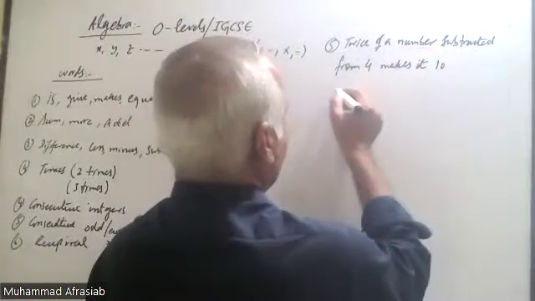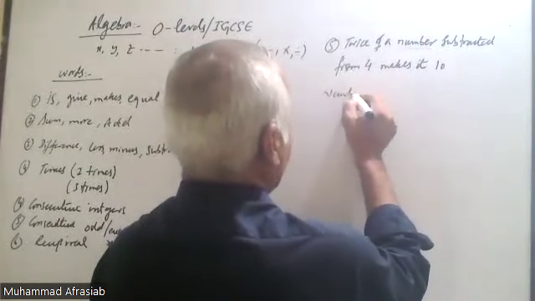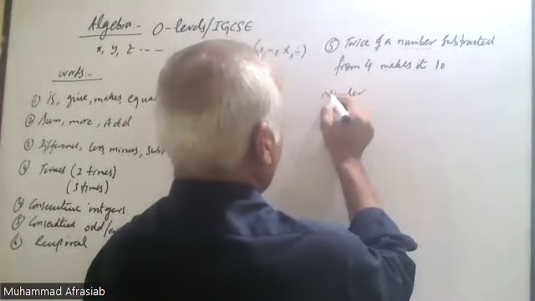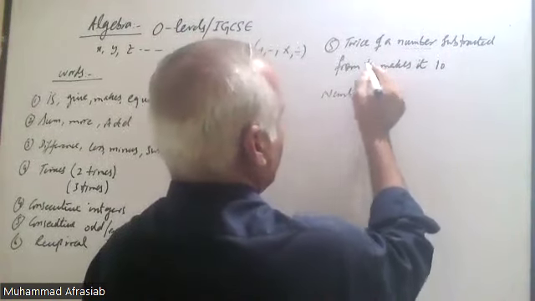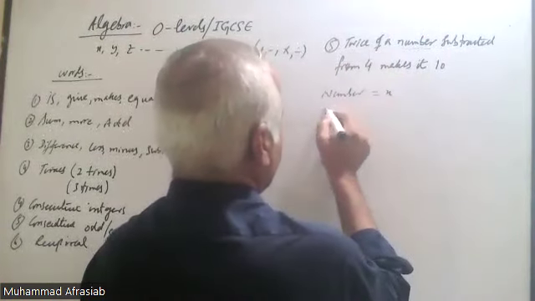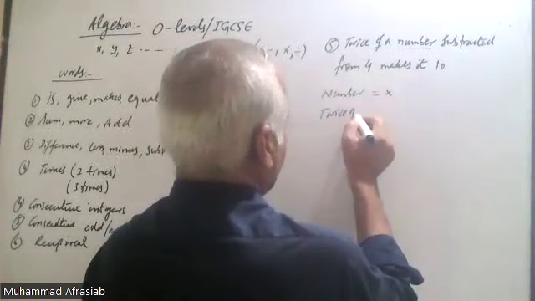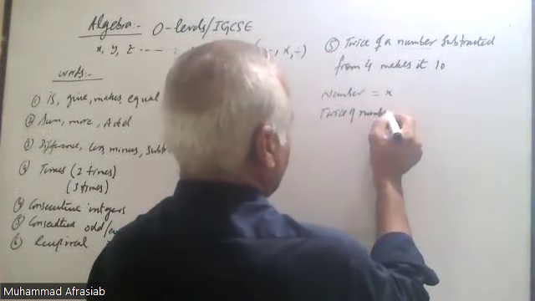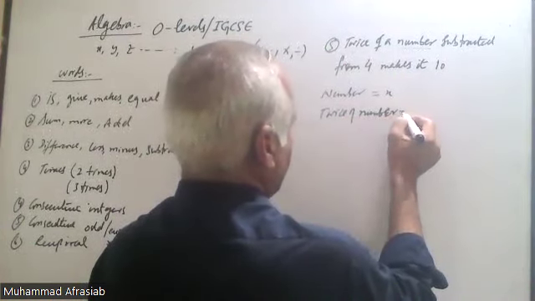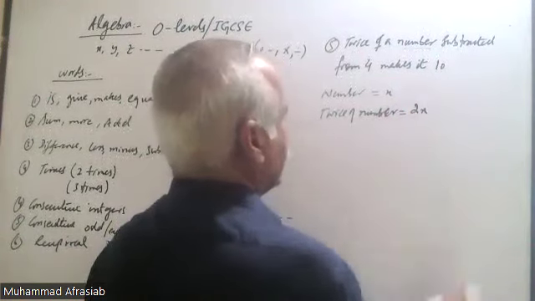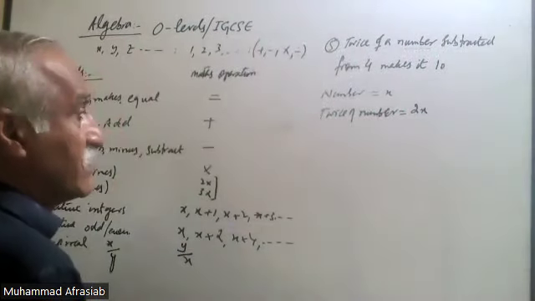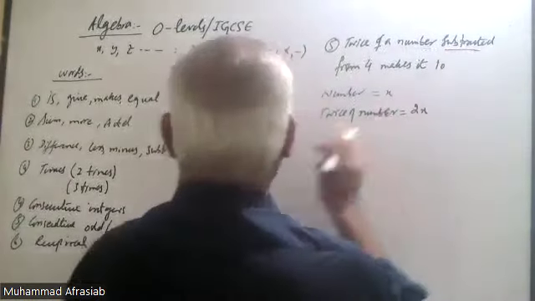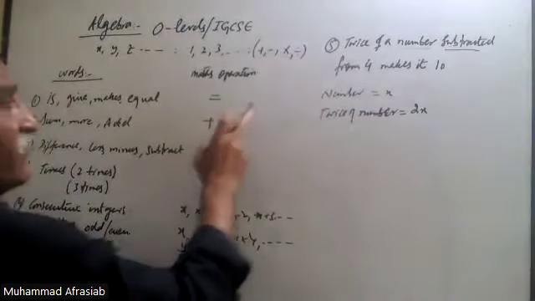Let the number be x. Then twice of a number is 2x, subtracted from 4. So this is the word subtracted, which means minus sign from 4.